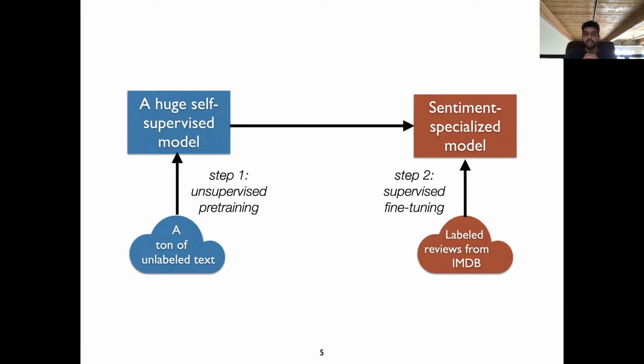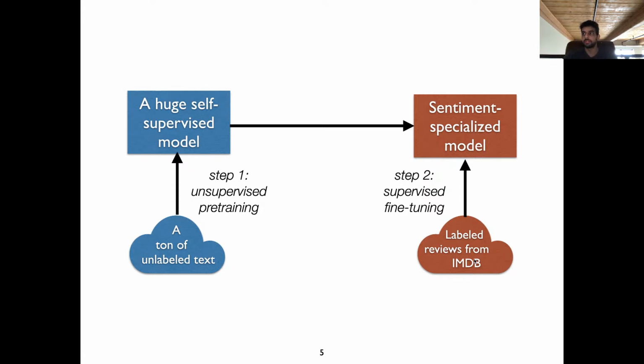So just to bring back our figure from earlier in the semester, we looked at this setup where we take this huge self-supervised model, which in our case is a language model trained over a bunch of unlabeled text. And then we transfer over its parameters to a downstream task, and we'll go over more of the exact terminology. In this example, we're looking at sentiment, right?